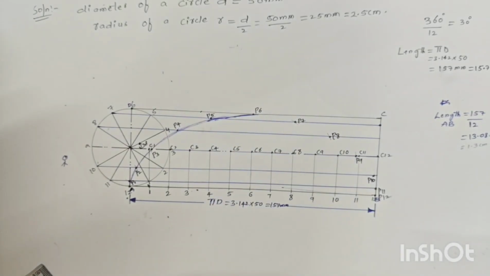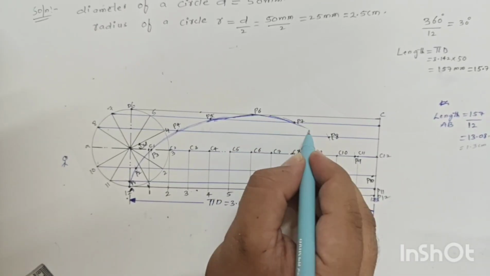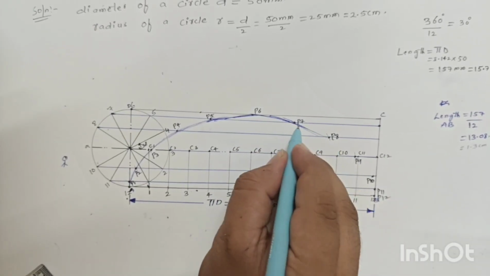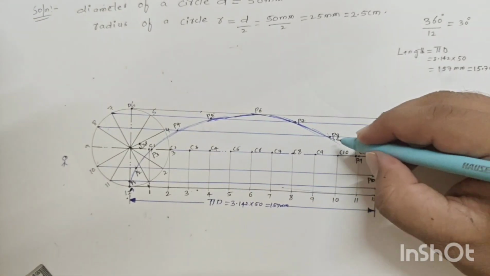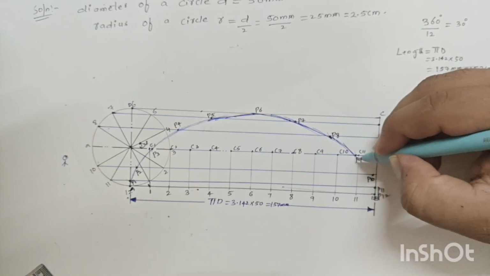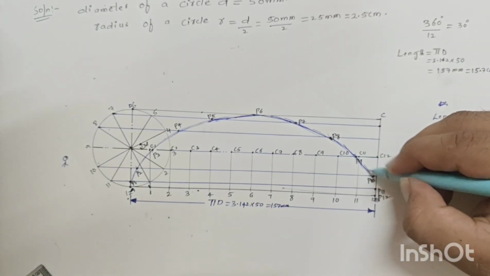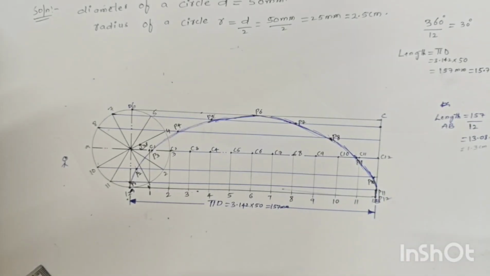P6 to P7, P7 to P8, P8 to P9, P9 to P10, P10 to P11, and this is P12.